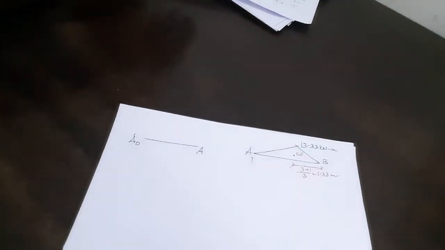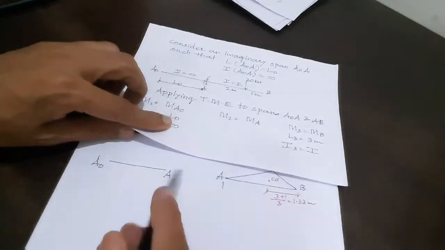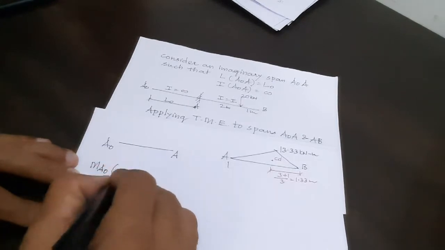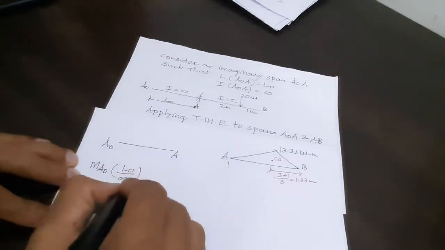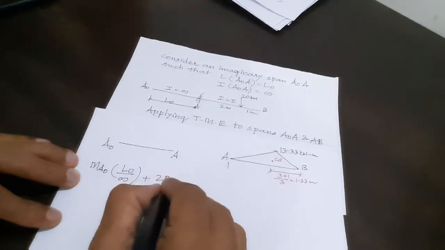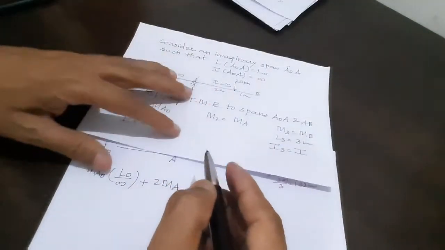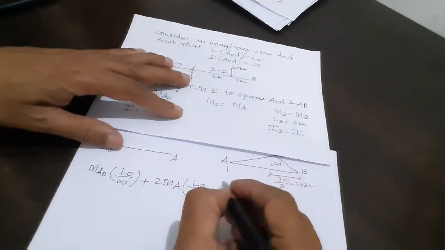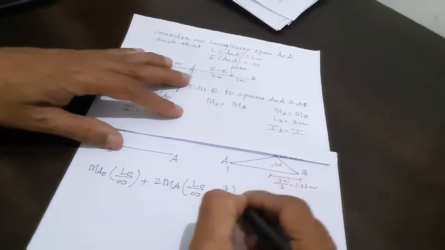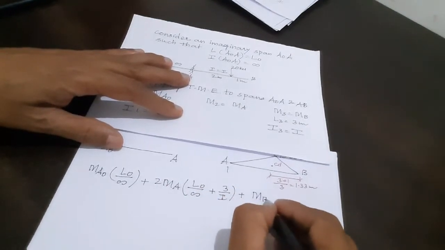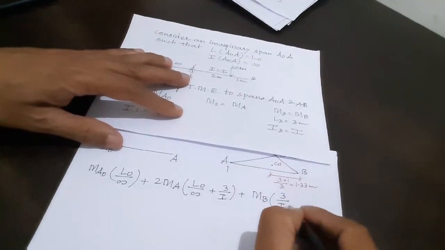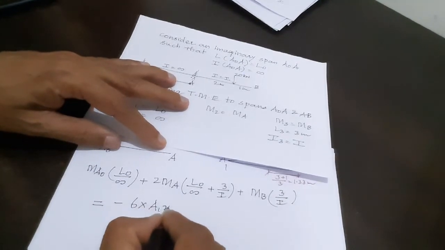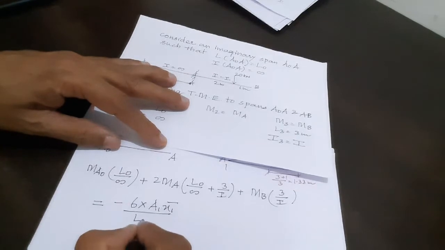So I can write the three moment equation. Everything is ready with me. For this span there is no bending moment diagram. First moment MAO into L1 upon I1, infinity, plus the second moment MA into L1 upon I1 plus L3 upon I3, that is 3 upon I, plus the third moment MB into 3 upon I is equal to minus 6 A1 x1 bar upon L1 I1.